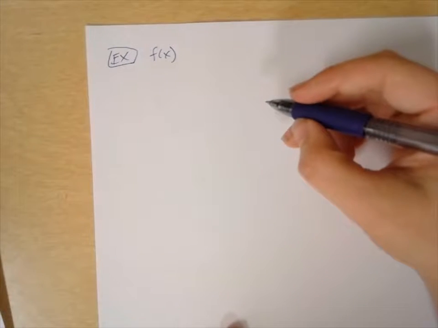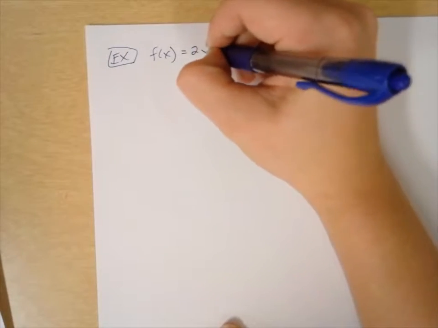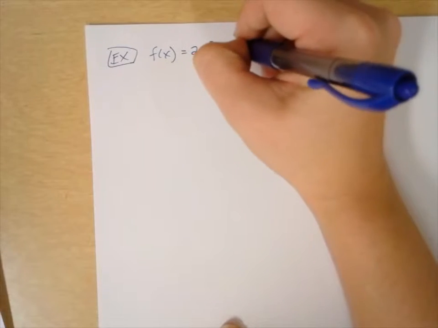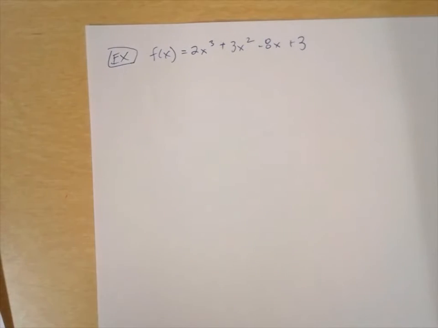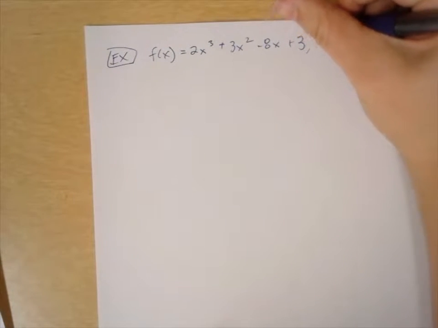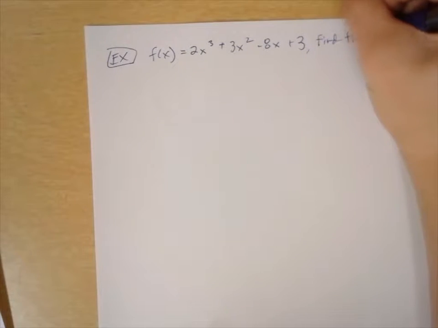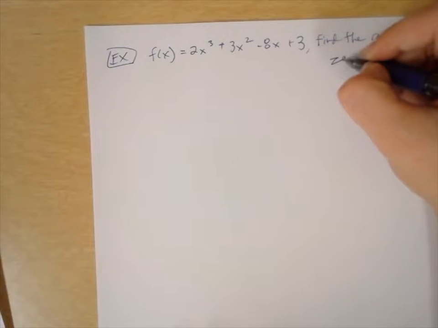The function f of x equals 2x cubed plus 3x squared minus 8x plus 3. And you're asked to find the rational zeros?